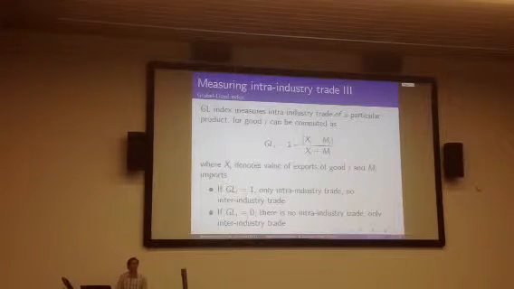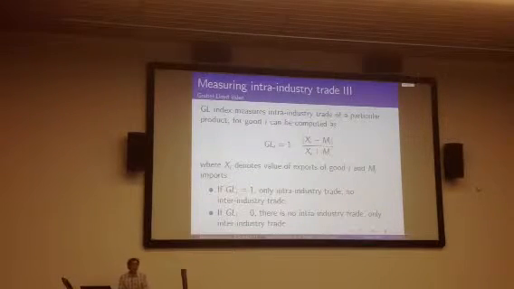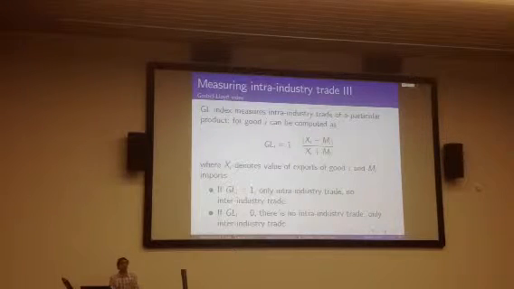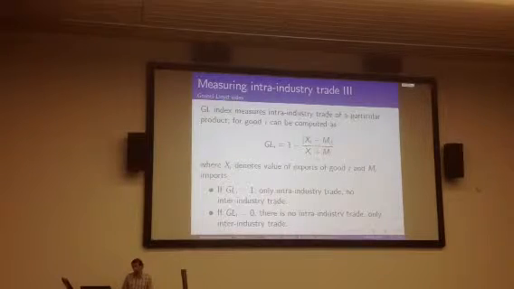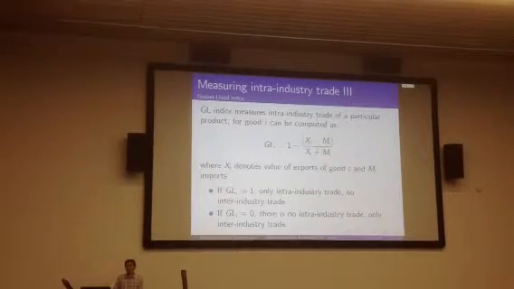And so we're going to say that the closer that GL index is to 1, the greater the extent of intra-industry trade. In my example, it was because I export cars worth 1 billion and I also import cars worth exactly 1 billion. So just intra-industry trade.